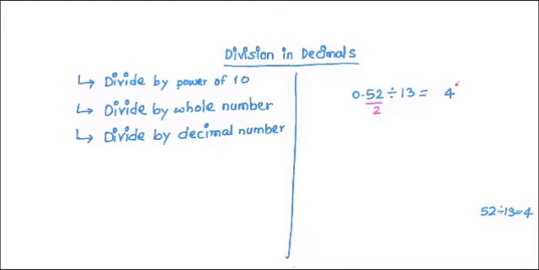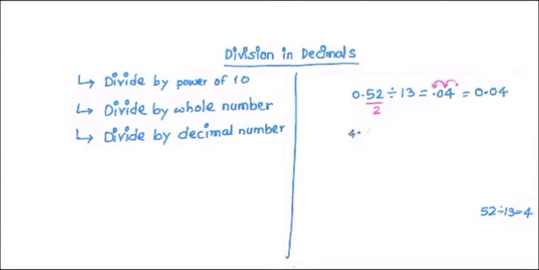So we will move two places to the left. So from current decimal point it moves here, and then we don't have the second place, so we'll add 0 and then we'll move the second place. So we get answer 0.04.